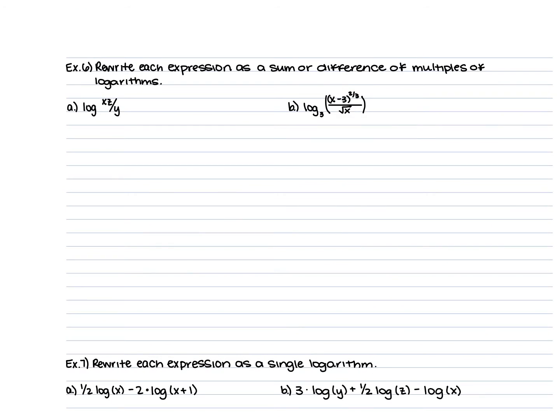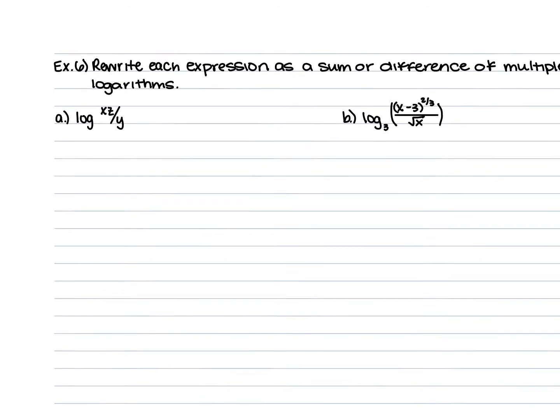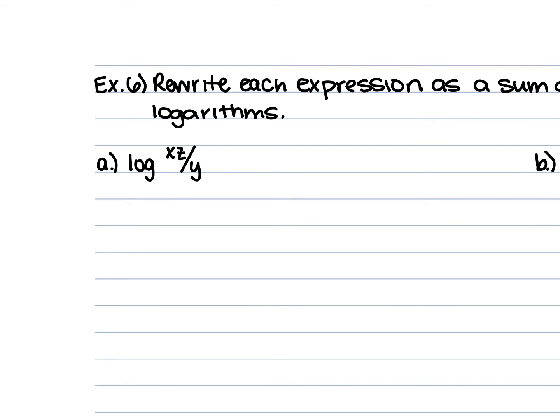For example 6, we're rewriting each expression as a sum or difference of multiples of logarithms. So for example A, we have log xz divided by y. If you remember, division means subtraction. So if we rewrite this, we would just have log xz minus log y. And then you have multiplication here. Multiplication is the same thing as addition.